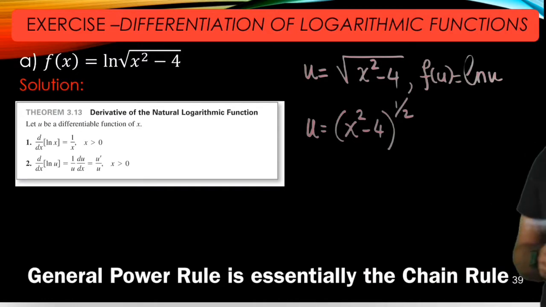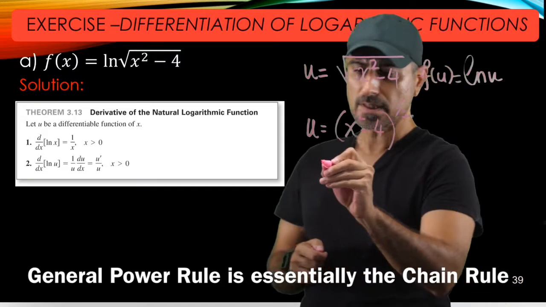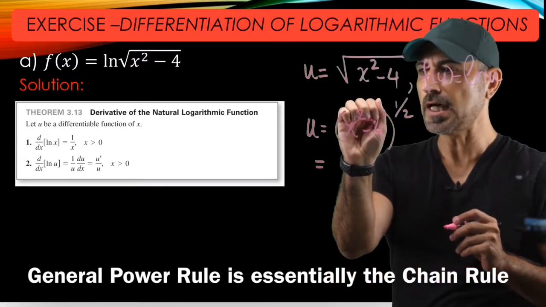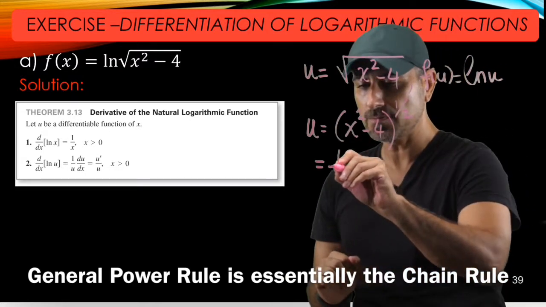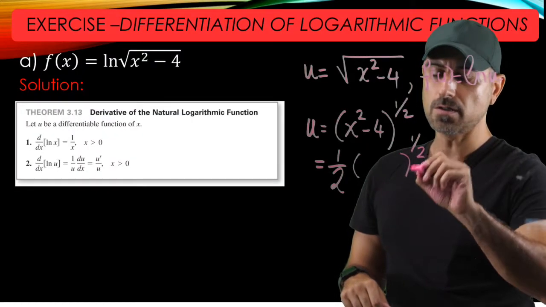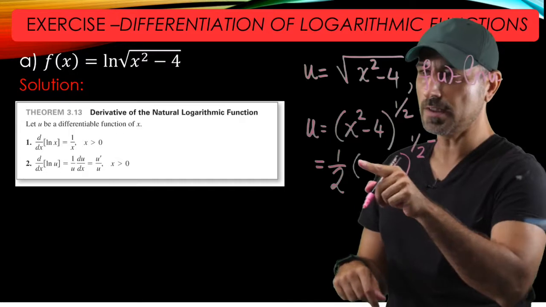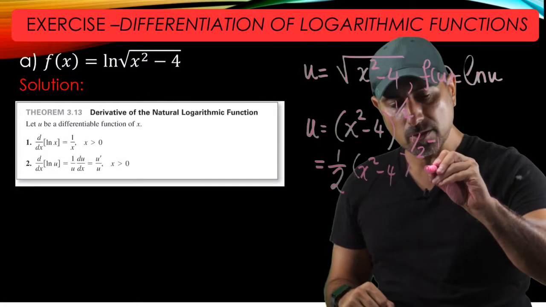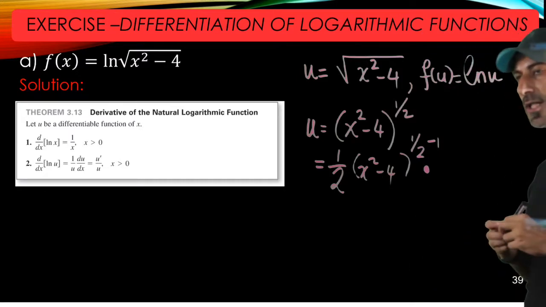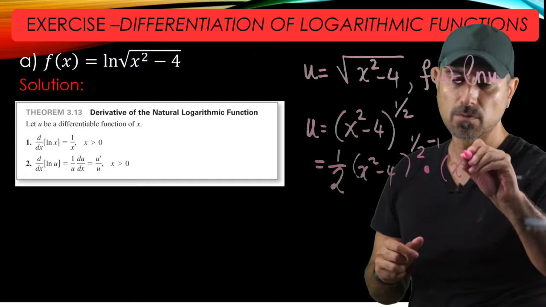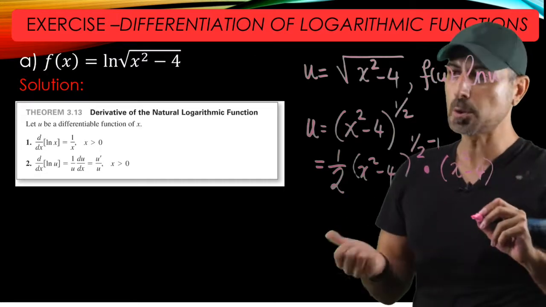The general power rule says that this is equal to the derivative of the outer function, 1/2 times x squared minus 4 to the power of 1/2 minus 1, multiplied by the derivative of the inner function, which is the derivative of x squared minus 4. So this rule, in short, is called the chain rule.